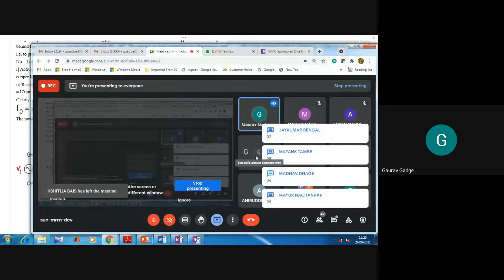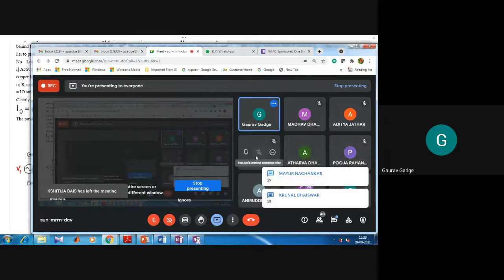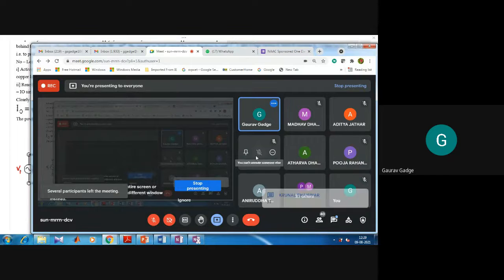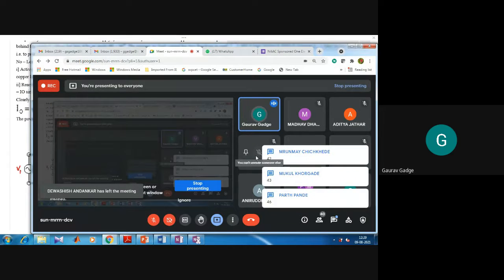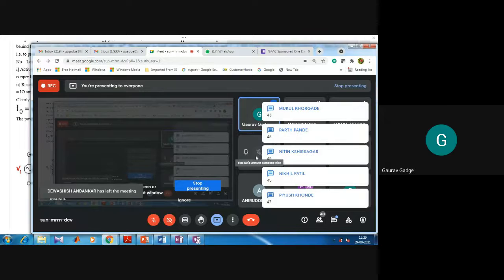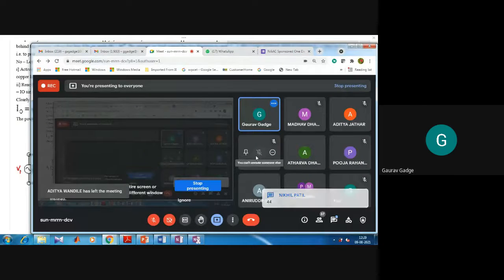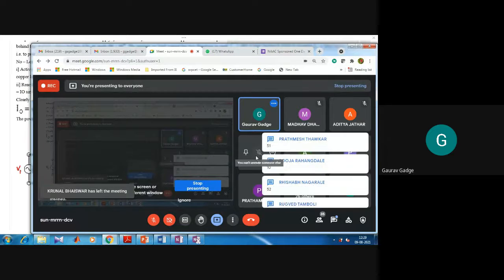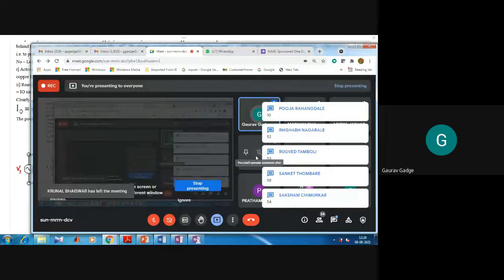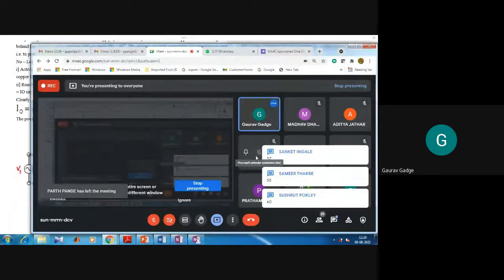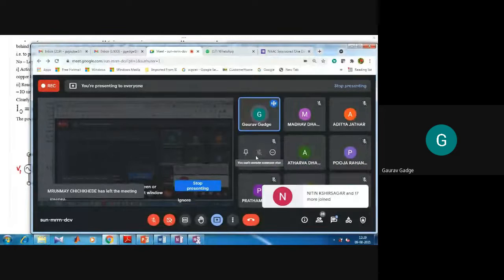Then 41 to 50. 51 to 60. Very good. Roll number 10, your attendance is not going to be counted.